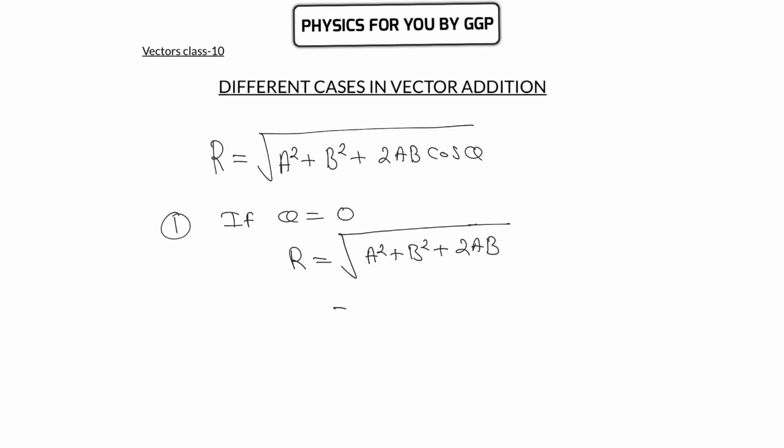You can observe that this is a plus b the whole square, so we can write this as under root of a plus b the whole square. Taking the root, you get a plus b. So the magnitude of a vector plus b vector is equal to a plus b when they are in the same direction, or when the angle between them is 0.